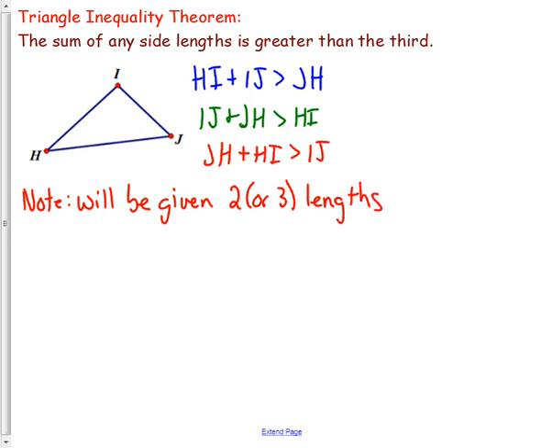Really, if you're just trying to say, is this a triangle, you only need to check the smallest 2.